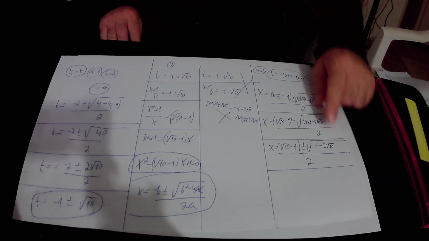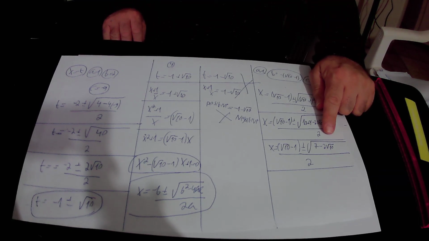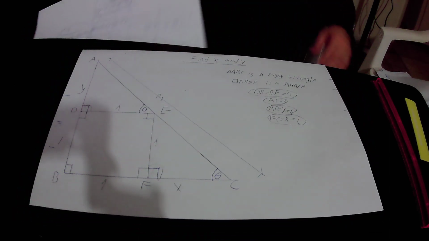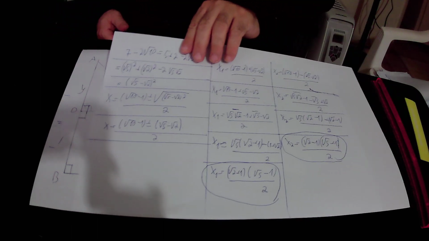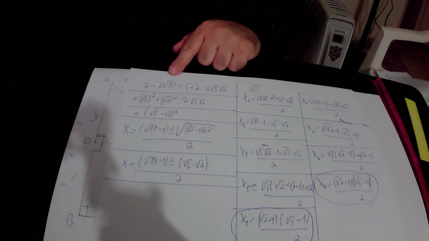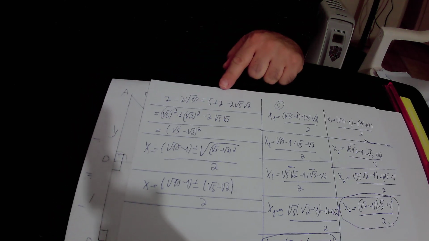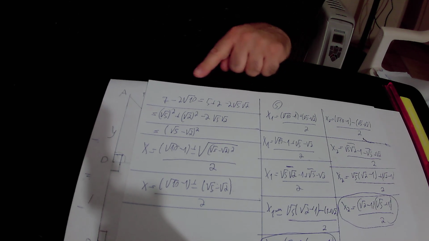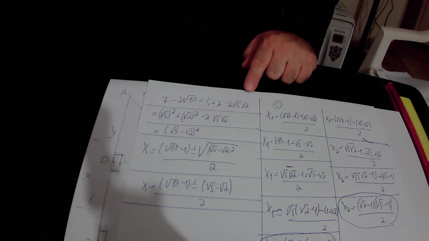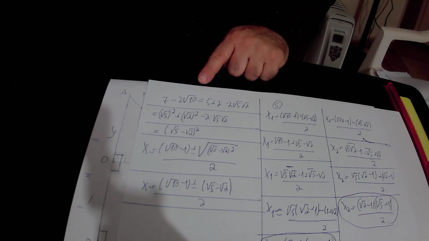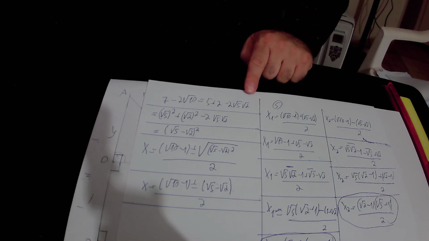Then we focused on the expression inside the root, 7 minus 2 times square root of 10, and we presented it in a different manner. 7 is 5 plus 2, and we also have 2 times square root of 10, but square root of 10 is square root of 5 times square root of 2, so we substituted it.